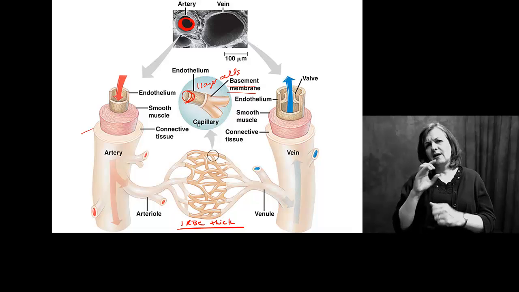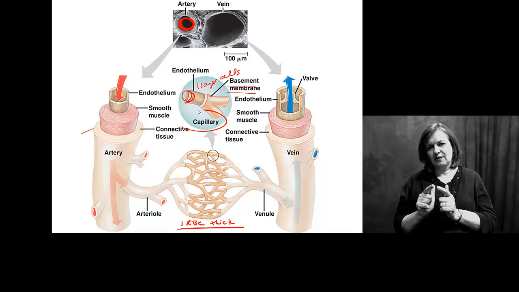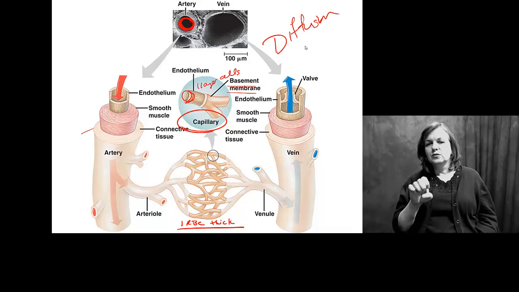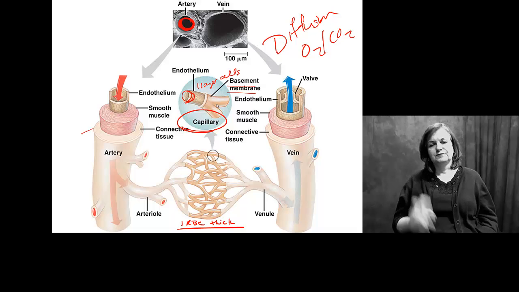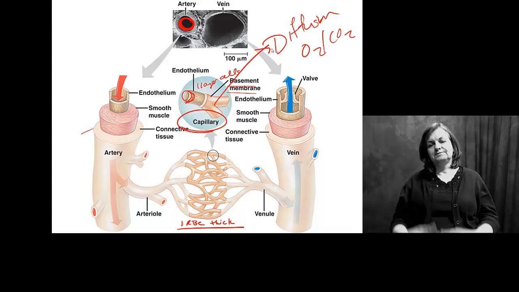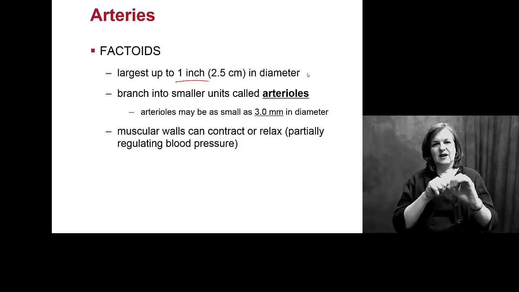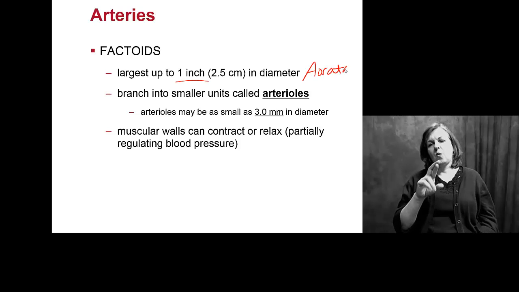And why are they so small? Well, the capillaries are responsible for all of the diffusion of oxygen and carbon dioxide. Goes through the capillaries. So this is what we're dependent on. The arteries, we said the largest is about 1 inch thick in diameter, and that's the aorta.